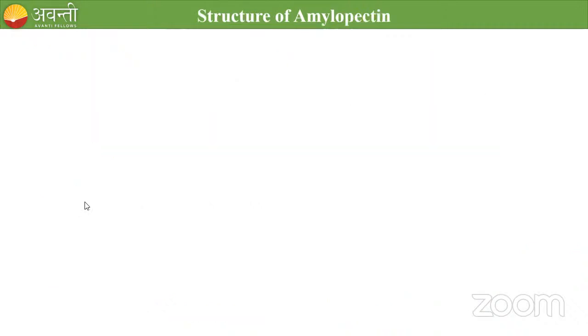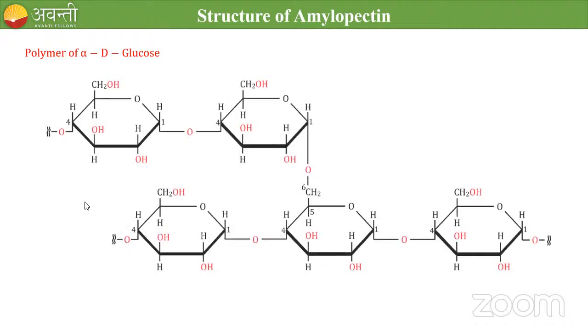Then talking about amylopectin, it is also a polymer of alpha D glucose, but here we have both branched and linear portions. We have the C1, C4 glycosidic linkage, and at the branch we have a C1, C6 glycosidic linkage. Carbon number 1 and carbon number 6 of the other chain form the glycosidic linkage here.